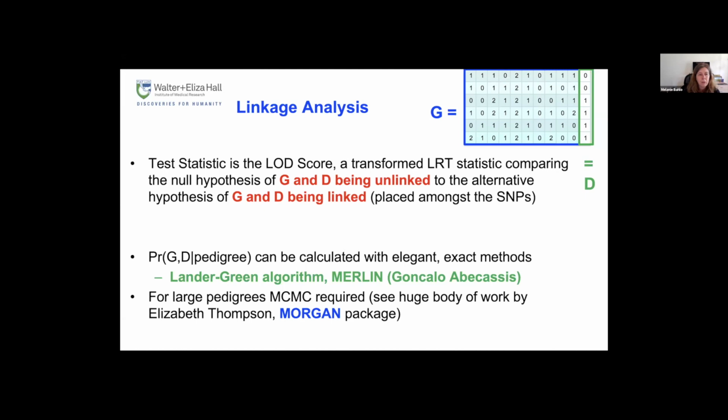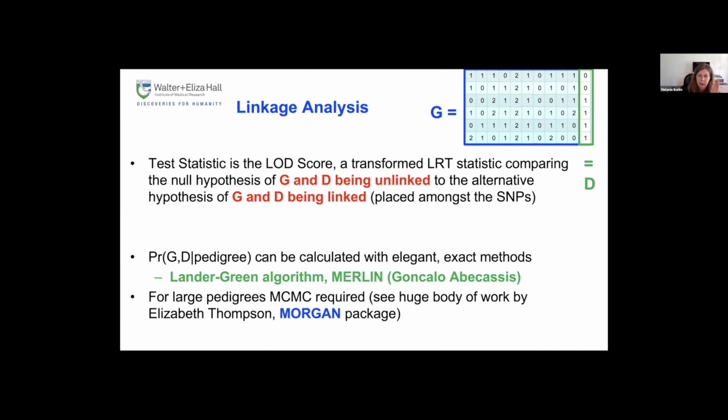And there we compare the null hypothesis of our genotype matrix from our pedigree, G, and the disease vector, D, being unlinked. Unlinked in this context means that they're segregating independently. That's the null hypothesis. We compare that to the alternative hypothesis of G and D being linked.